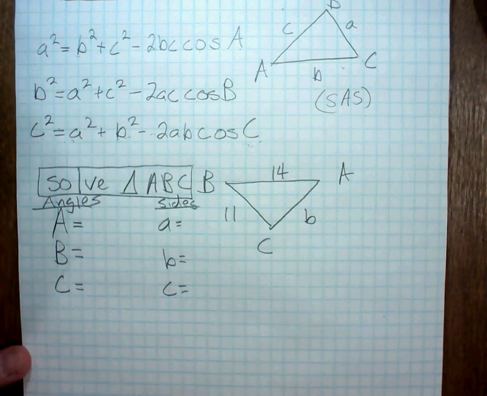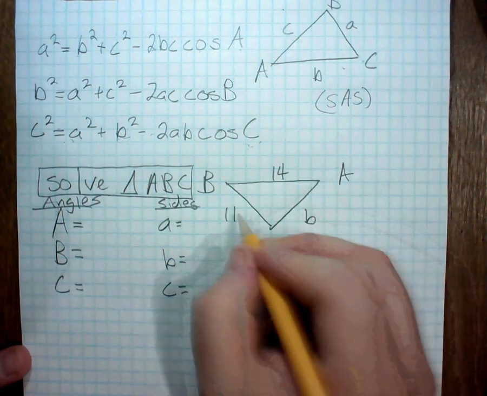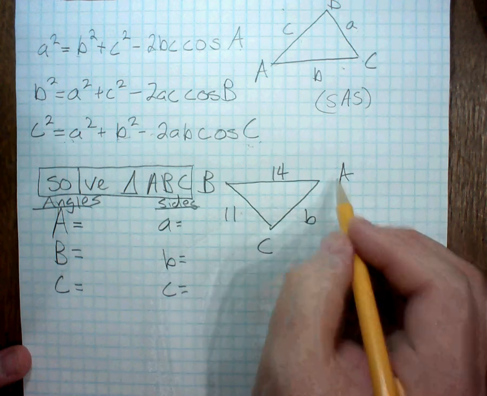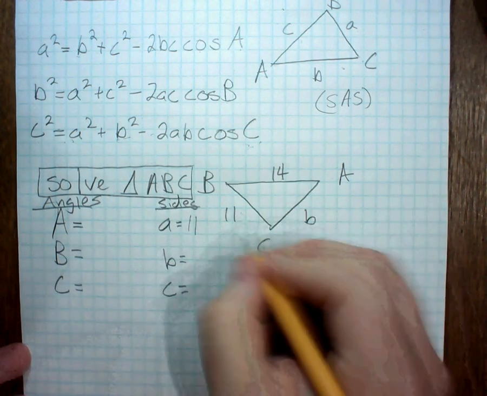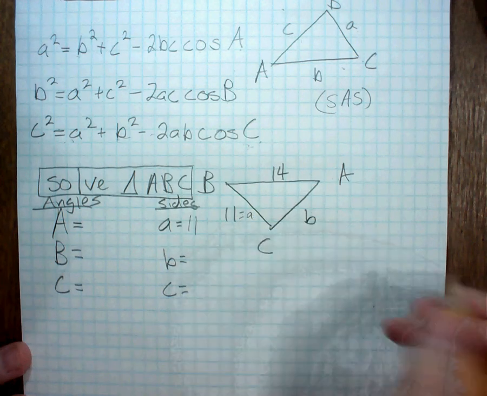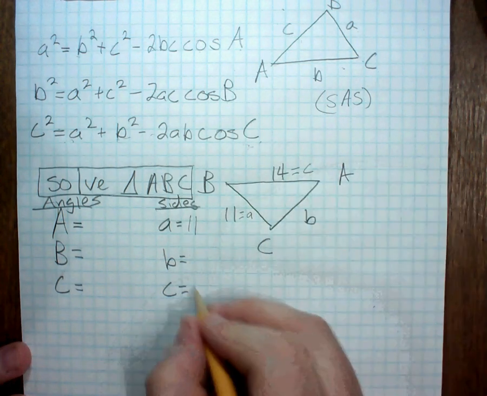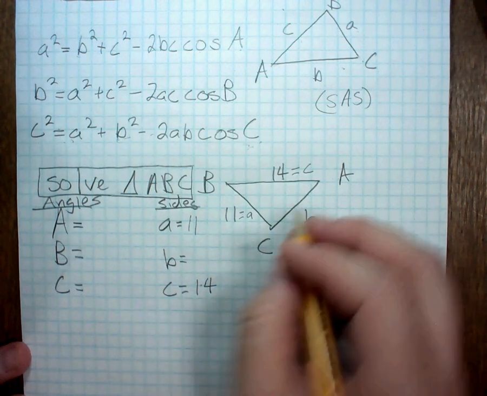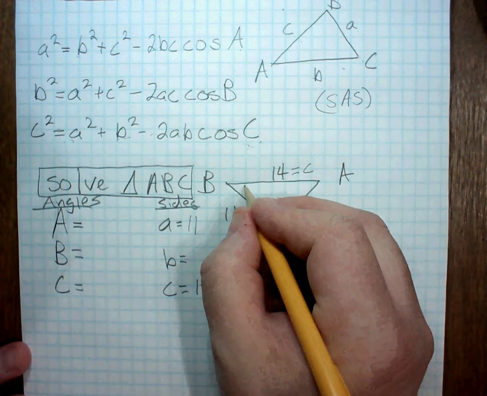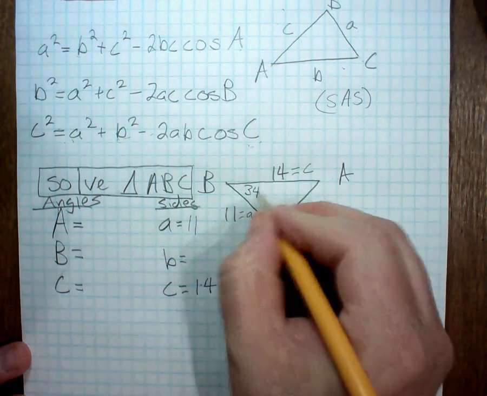And so what I know is that lowercase a is across from capital A, so that becomes 11. This is lowercase c, which is 14. And I'm also given in the problem that capital B is equal to 34 degrees.